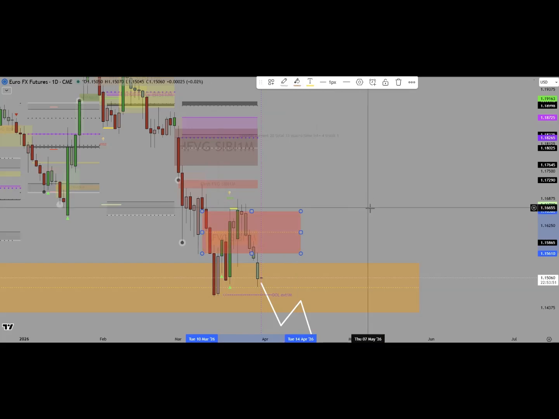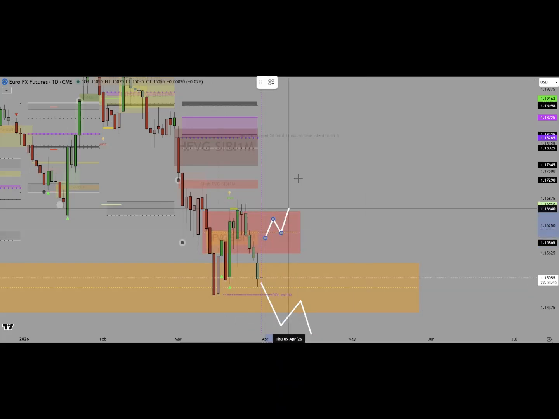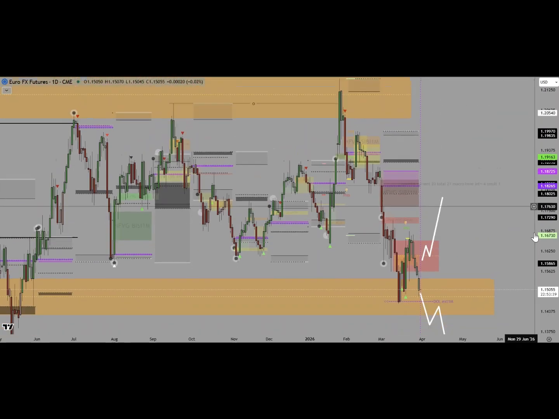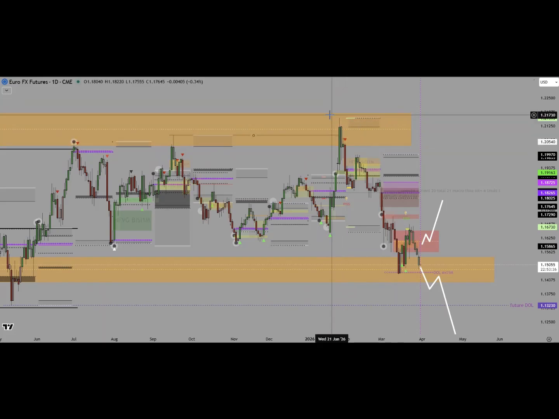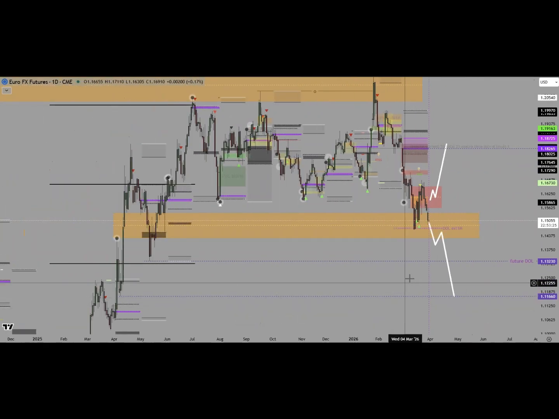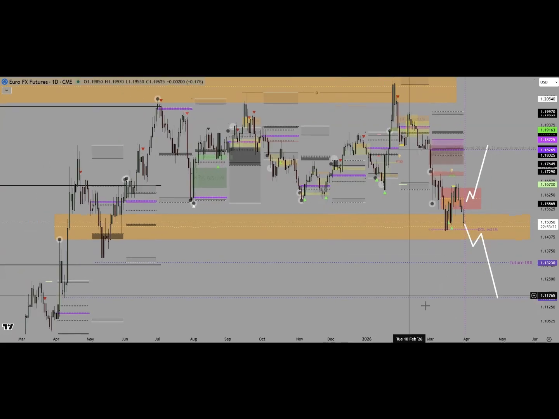These imbalances should not be traded up again. If that happens, anticipate returning to this, probably going for these highs, or at least this 50% level, or this opening price. Yes, that's the thing for the euro.